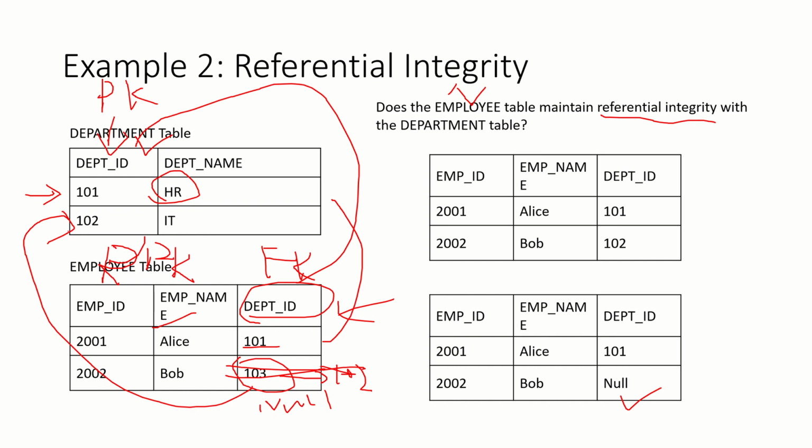Or in the other table, you add 103 and put a department name, maybe department biology.